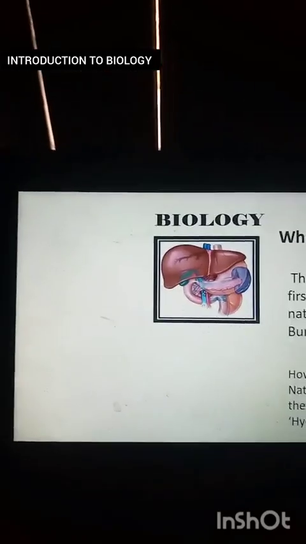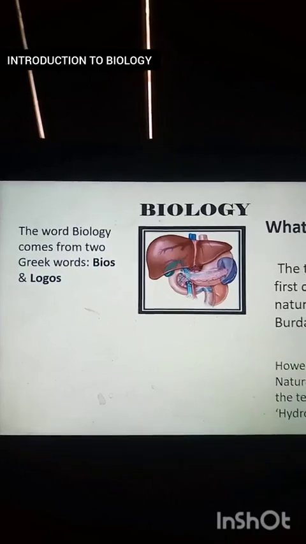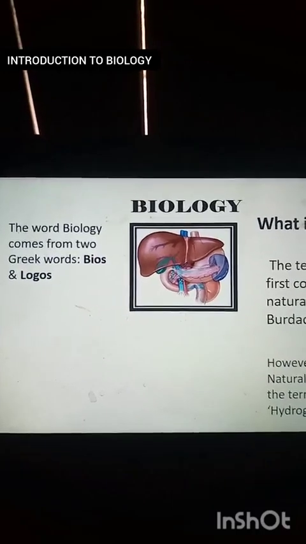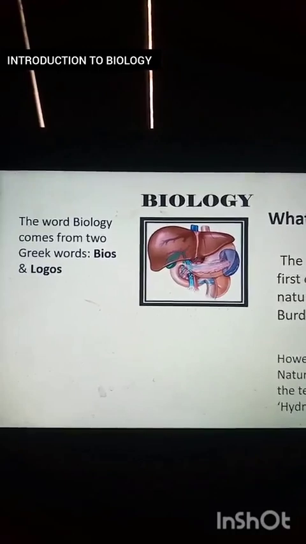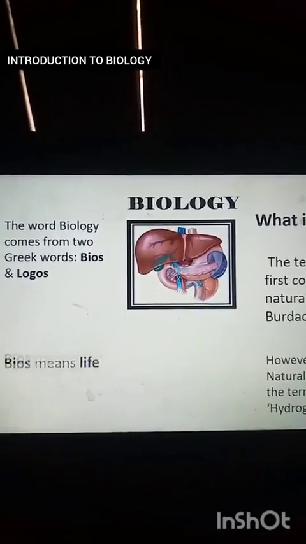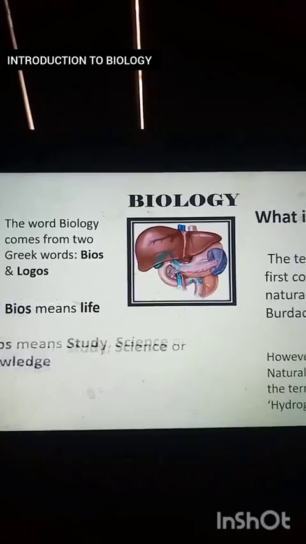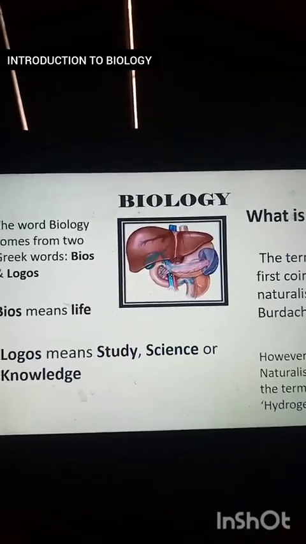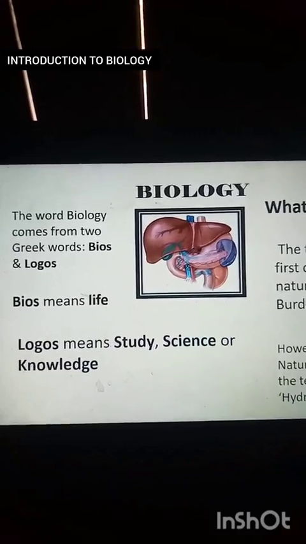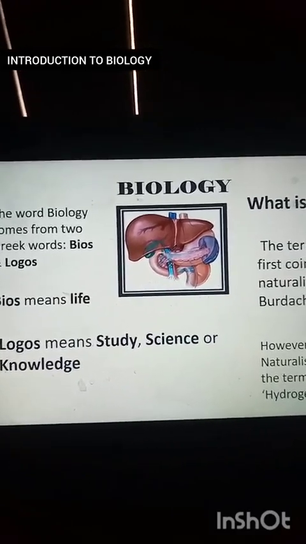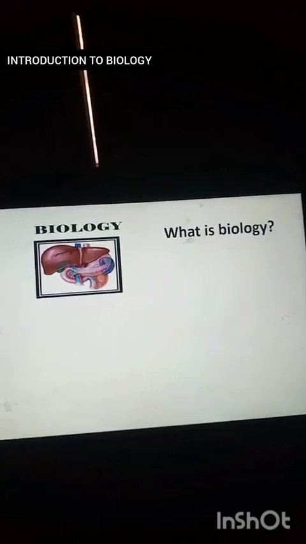Now, the word biology comes from the two Greek words, bios and logos, where bios means life and logos means study, science, or knowledge. Then, still the question remains, what is biology?